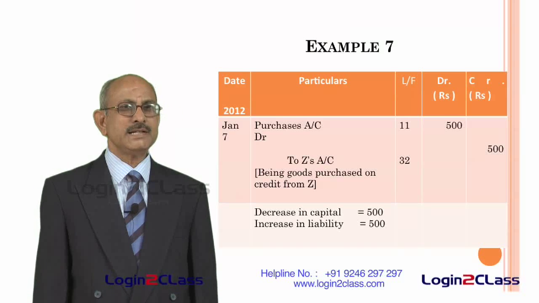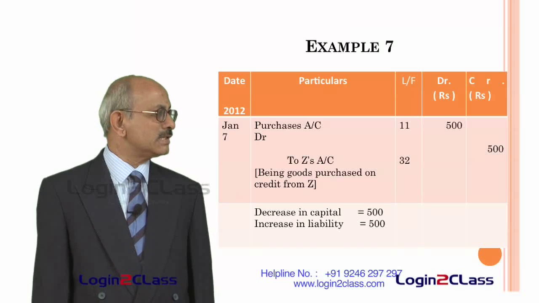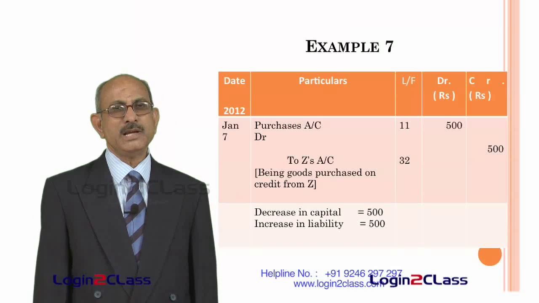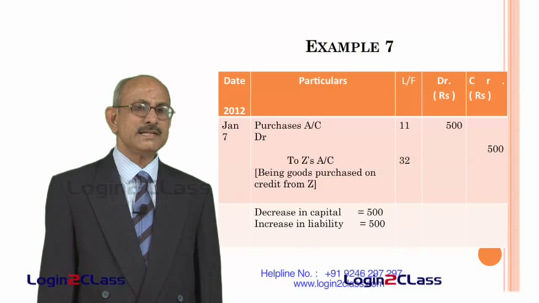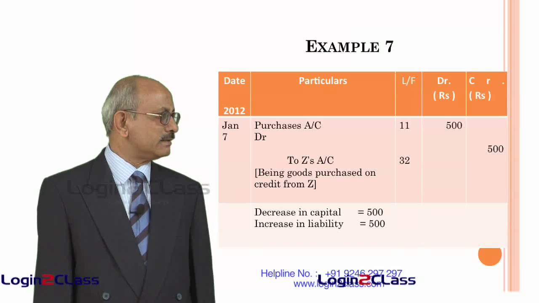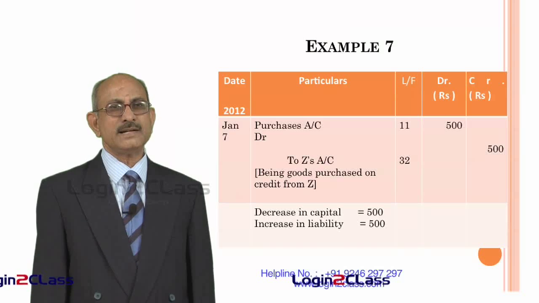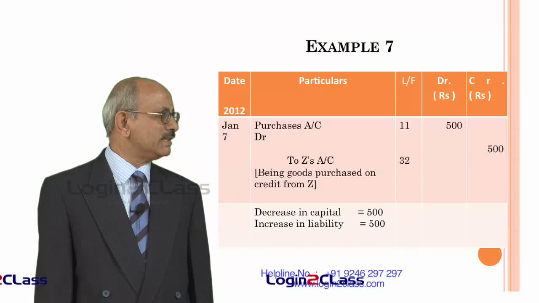So, therefore, a decrease in capital of 500 rupees and an increase in liability of 500 rupees, because Jaid is a liability, a sundry creditor. This money has to be paid to him at a later date. So, there is a decrease in capital and an increase in liability. That means one decrease on the right hand side is compensated by a similar increase on the right hand side only. So, therefore, there is no need for a change on the left hand side of the equation.